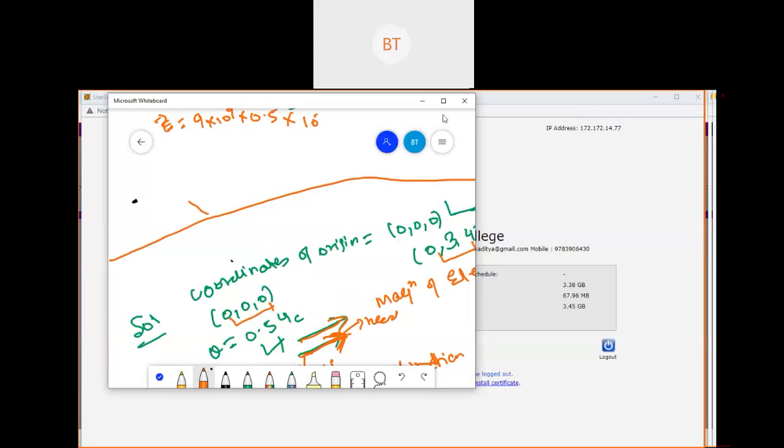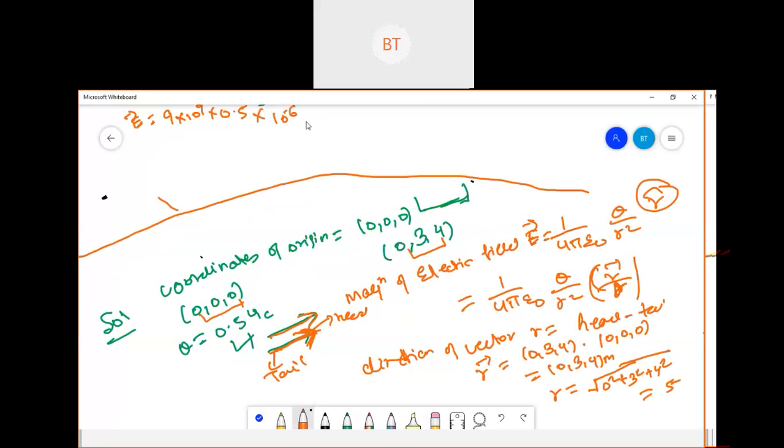Then the coordinates which we have got, (0, 3, 4), divided by r cube, which is 5 cube.